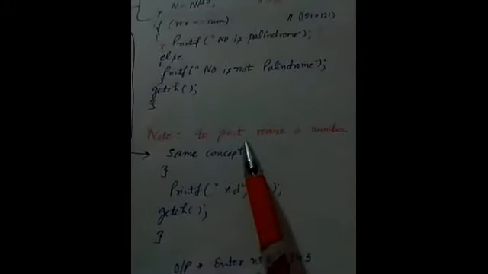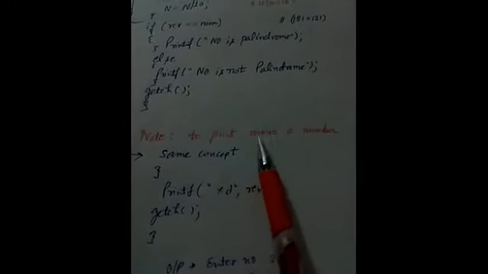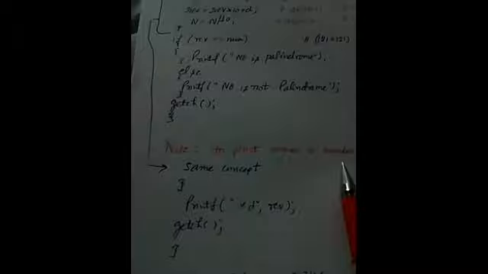One more program comes here: to print the reverse of a number. Simply, if I want to print the reverse of a number, I do not need to use or check this condition. You can see here that I am getting the reverse value.